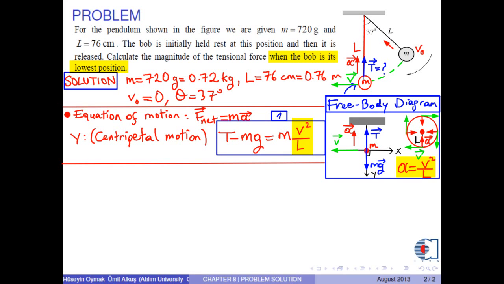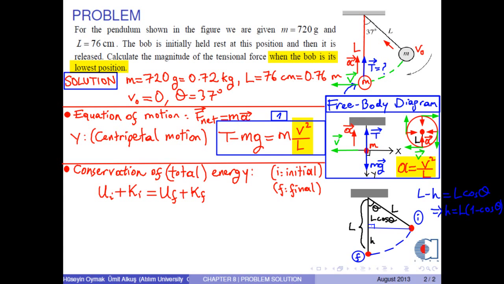The conservation of total energy can be written as the following. The sum of the initial potential and kinetic energies is equal to the sum of the final potential and kinetic energies. If we take the bob's lowest position as zero gravitational potential energy, the initial potential energy can be written as m times g times h.